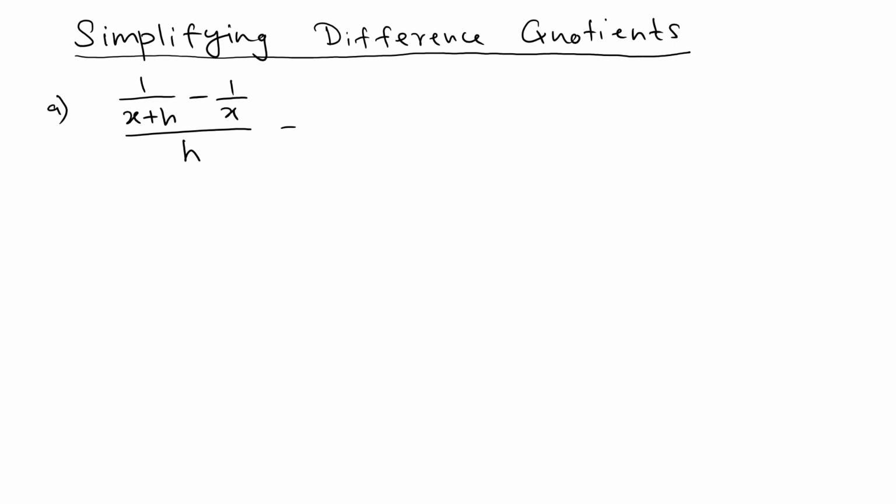What we're going to do is rewrite the numerator first: 1 over x plus h minus 1 over x, and then the division by h we can write as a multiplication by 1 over h. So we can rewrite it like this. For the first part we can use the shortcut method.